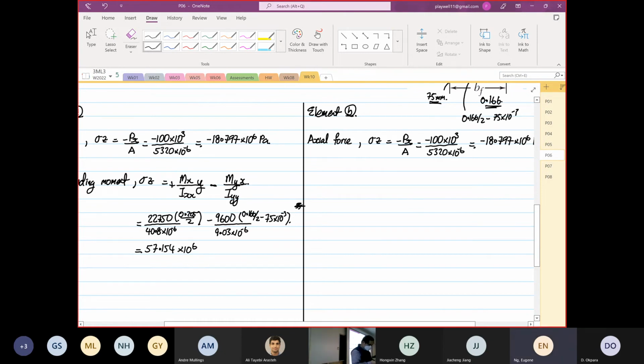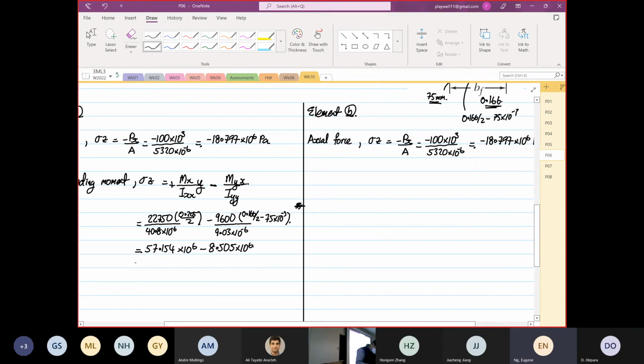Let me do it again. 0.205 divided by 2 times 22750 divided by 40.8 times 10 to the power minus 6 is equal to 57.154, minus 0.166 divided by 2 minus 75 times 10 to the power minus 3 times 9600 divided by 9.03 times 10 to the power minus 6 is equal to 8.505 times 10 to the power 6. Let me do it again. 0.166 divided by 2 minus 75 times 10 to the power minus 3 times 9600 divided by 9.03 times 10 to the power minus 6.